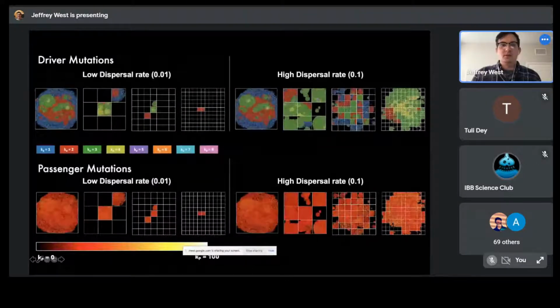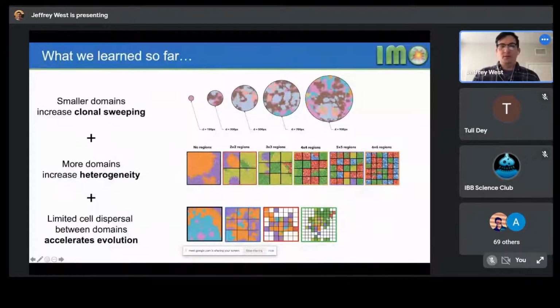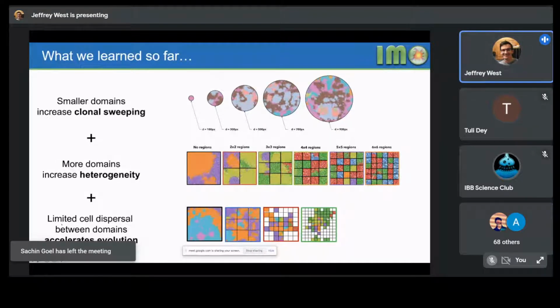Okay, so what have we learned so far? Really simply, we learned that smaller domains increase our level of clonal sweeping. These smaller domains are sweeping through the clone more easily. And more domains increase our heterogeneity. But the combination of those two factors is that some limited dispersal between domains accelerates the acquisition of new clones.